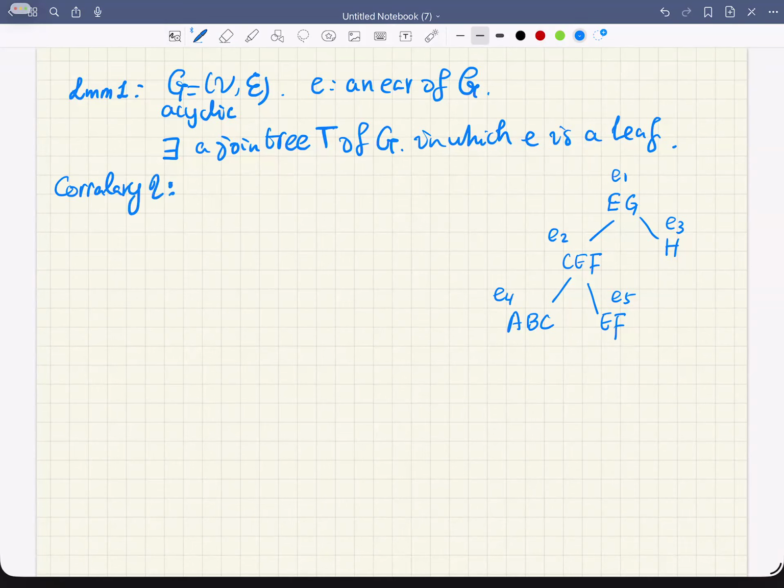If you remove an edge from an acyclic graph, you preserve acyclicity. Think about it, this is obviously true for conventional binary graphs.